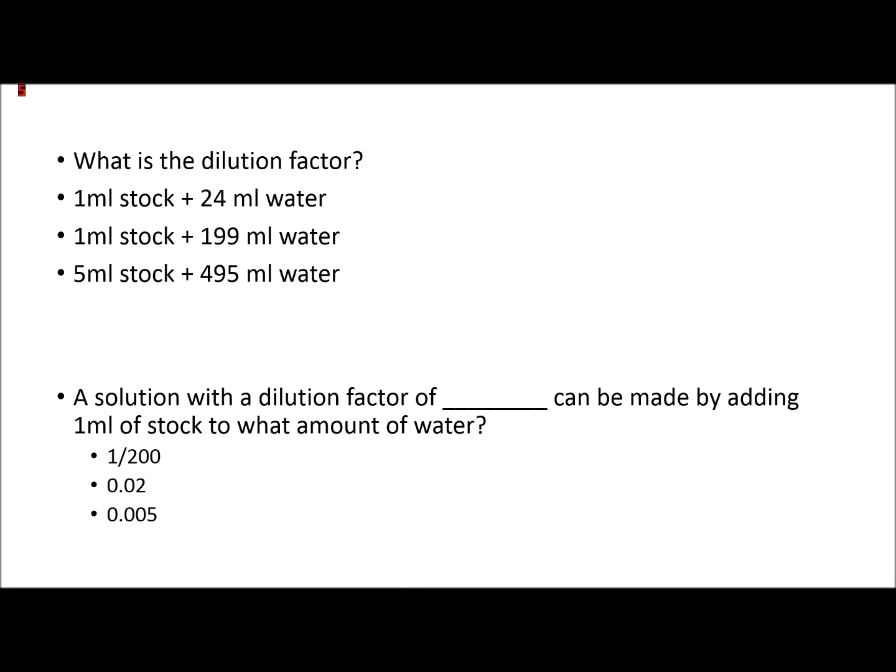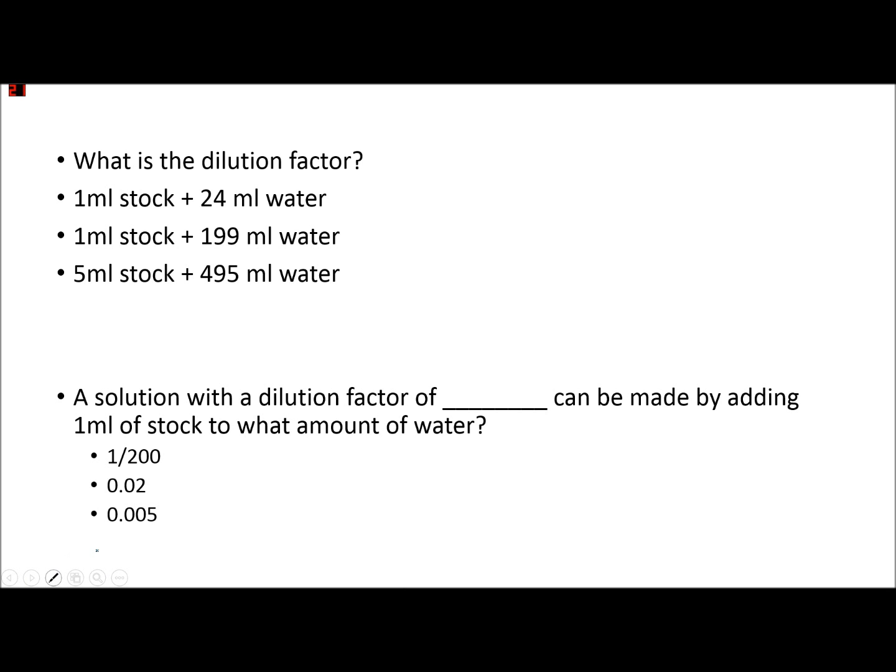Alright, let's try another kind of dilution factor problem. So this one, if we plug in the first part A here, the problem would read: a solution with a dilution factor of 1 over 200 can be made by adding 1 milliliter of stock to what amount of water? Well, luckily this is in the 1 over x format here, so we can see that there's 1 part in a 200 total. So that means that we added 1 milliliter of stock to how much water?